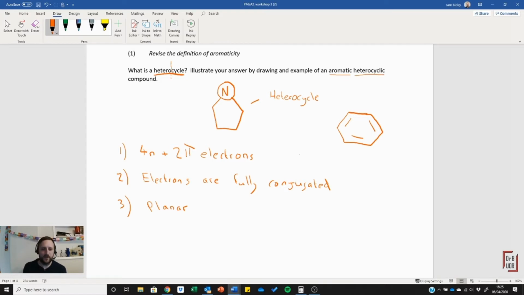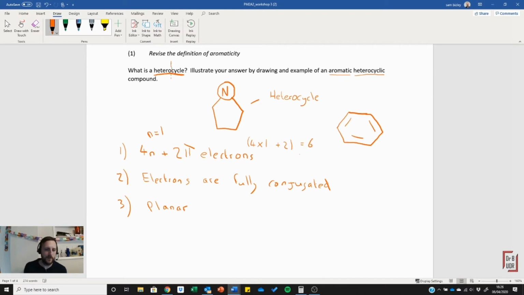Pi electrons are the electrons within the double bond, those electrons that are being held in the centre here, the pi delocalization. So if you make n equal to 1, what does this equation equal? Well, you get 4 times 1 plus 2, which is equal to 6.